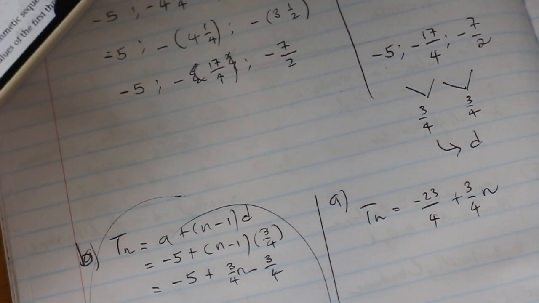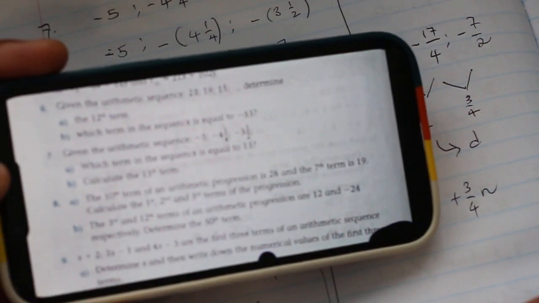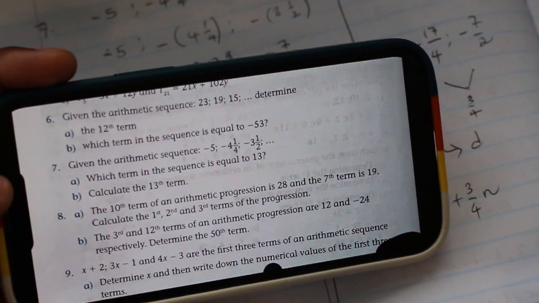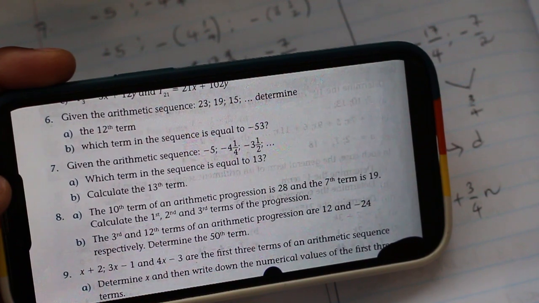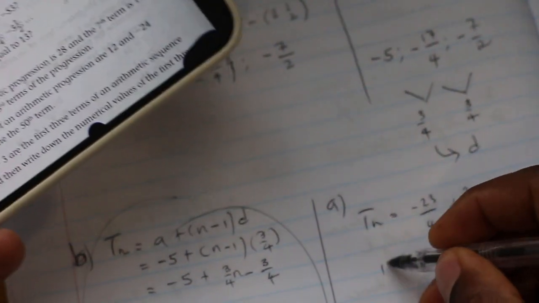All right, so this time around we're given the value and we need to find the position. So Tn is 13. It's very important to read properly before you answer the question, because sometimes they're looking for the position, sometimes they're looking for the actual value. I hope you guys can see what I'm doing here.